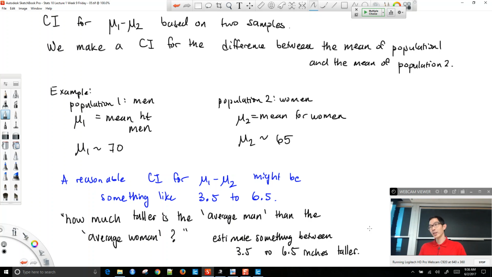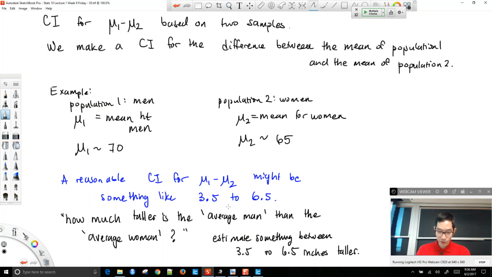If we just picked a random man and a random woman, the difference could be anywhere from a negative difference to a very positive difference. That's not what we're talking about. We're talking about the average of population 1, in this case the mean height of men, and the average of population 2, the mean height of women. And so this is the interval that we are creating.